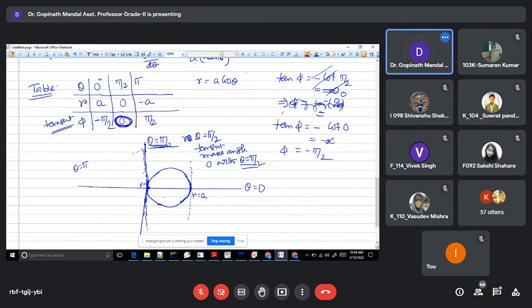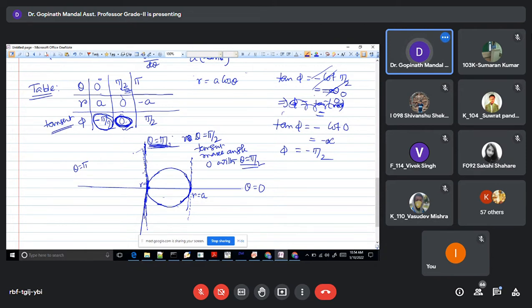Okay. For theta equal to 0, the tangent angle is minus pi by 2. For theta equal to pi by 2, the tangent angle is 0, that means the tangent makes an angle 0 with theta equal to pi by 2, so this is the tangent.